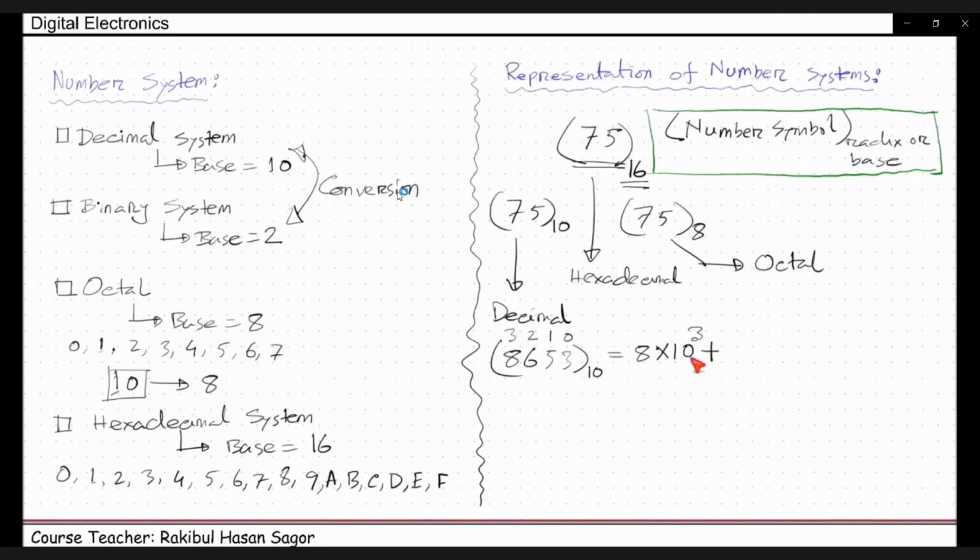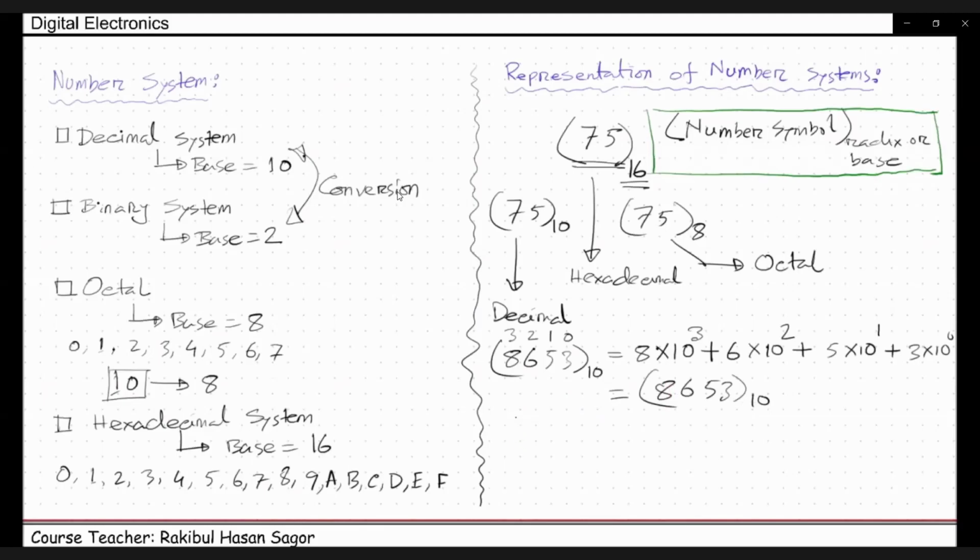In this way we proceed and add. Then the next is 6 into base to the power position value, plus 5 into base to the power position value, plus 3 into base to the power position value. In this way we can express this number as the sum of values of each digit. If we calculate this, we get 8653, and this is the decimal number.